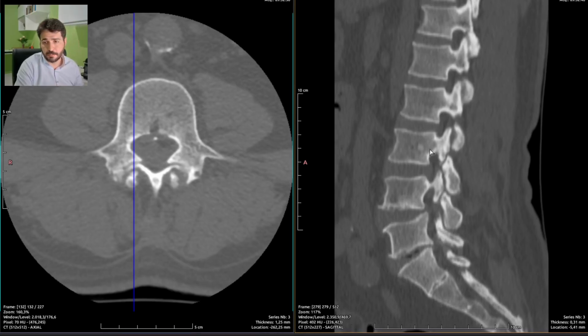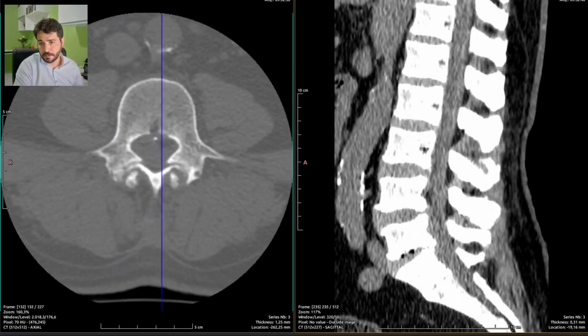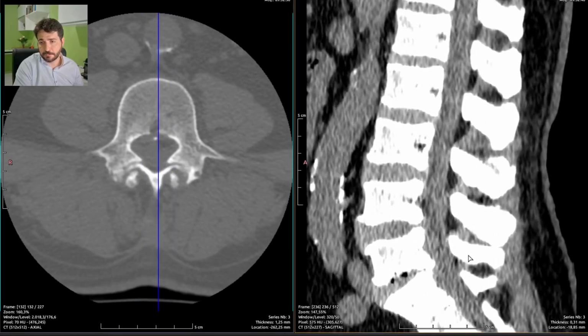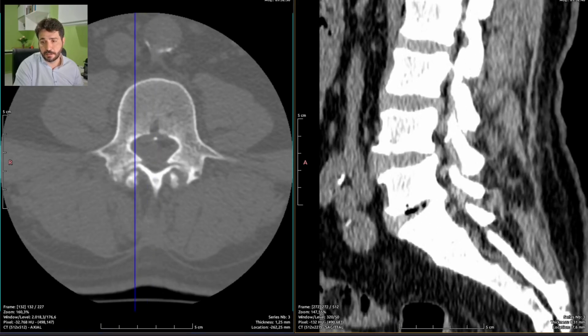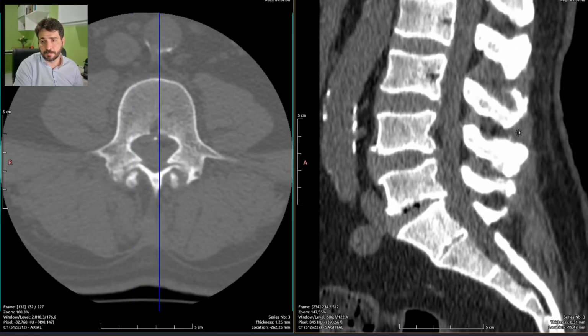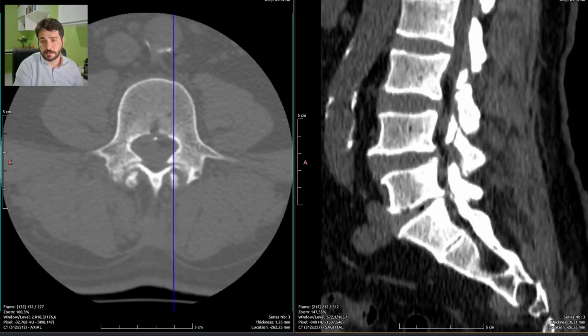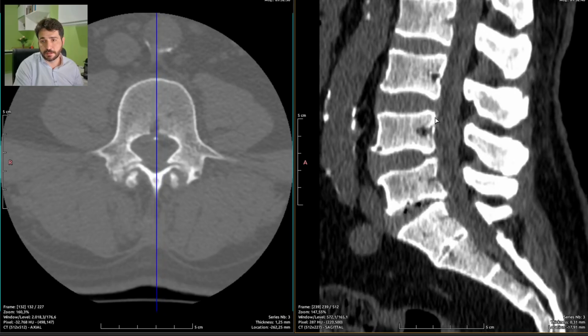And there is now the main course of this exam, the thing that you guys are waiting for, which is the 3 disc herniations on L3, L4, L4, L5, and of course L5S1. Right here, let me just window this properly so you guys can see. I can see even on bone window because I'm used to it. There is a disc herniation right here.